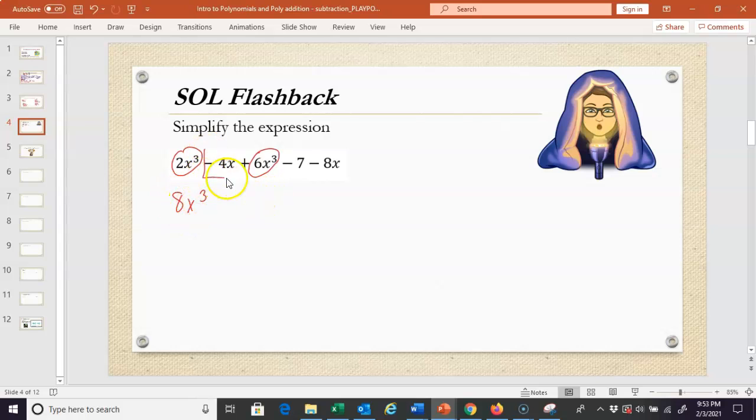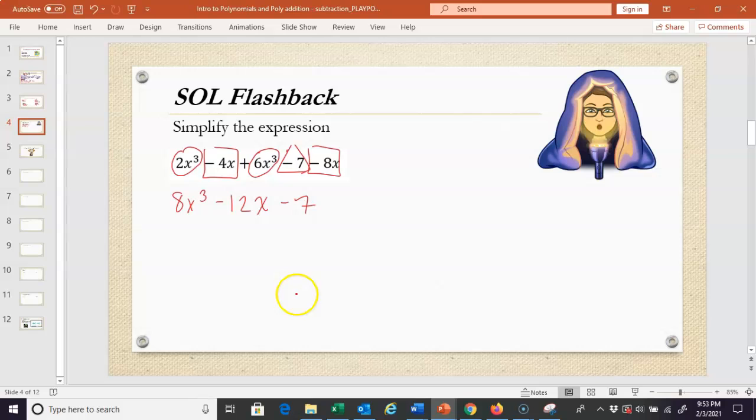Now we'll collect our x terms. -4 minus 8 is -12x. And then we have our constant value, -7. And that's it. We can't go any further because these are all different types of terms. We have a cube term, an x term, and just a number.